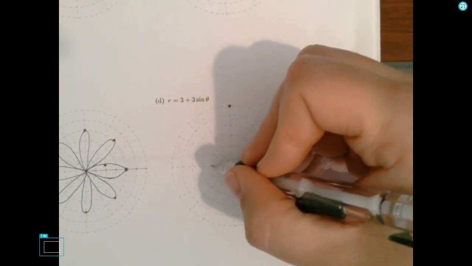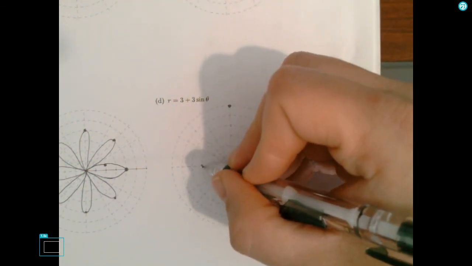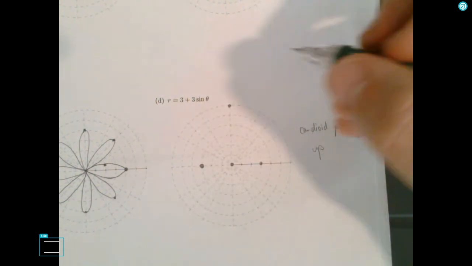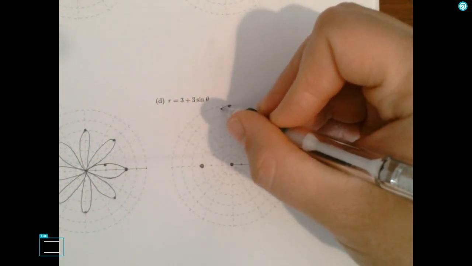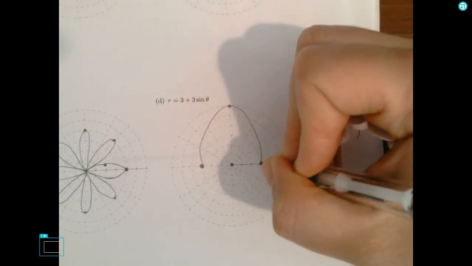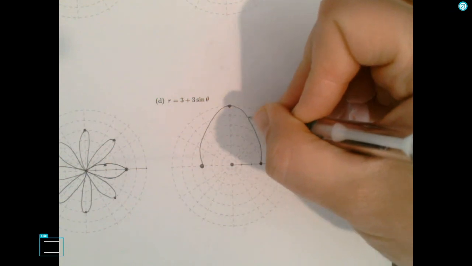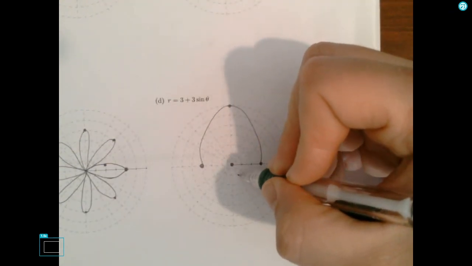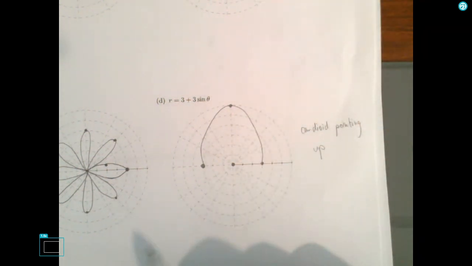Exactly the same thing is going to happen at pi. So you can kind of see, all right, so you've got this heart. I'm not sketching this out in the correct order, because technically you'd start here and work your way around, but it's going to have to come up and bulge like that.